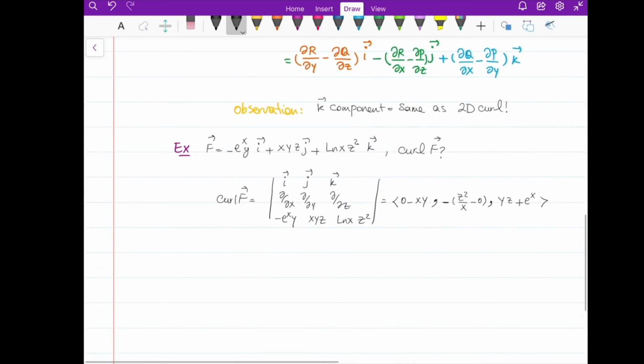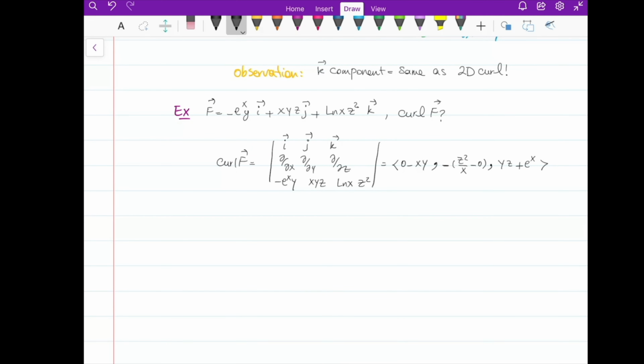So what is the physical interpretation? As a note, if we consider the vector field F to be the velocity field of a flowing fluid, then the curl of F is the spin of the fluid particles.